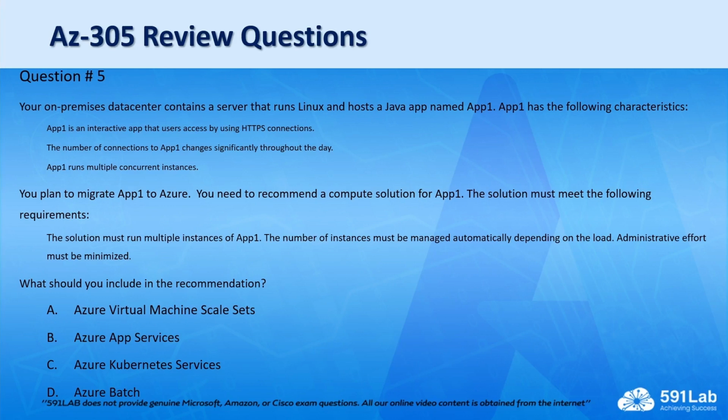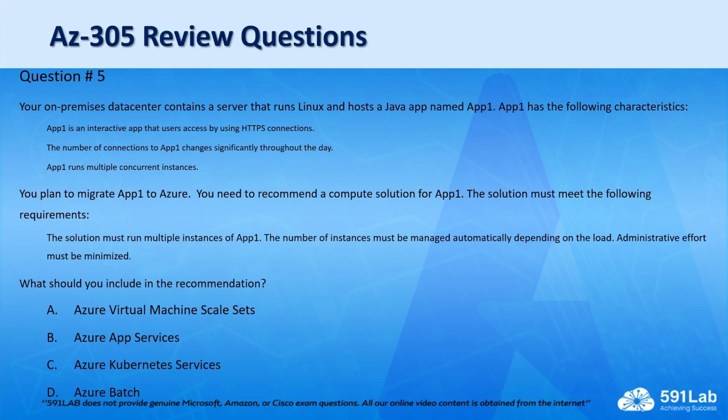So you plan to migrate App1 to Azure. You need to recommend a compute solution for App1, and the solution must also meet the following requirements. The solution must run multiple instances of App1, which is fine. The number of instances must be managed automatically depending on the load.